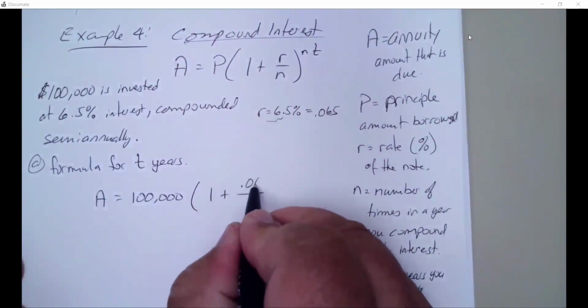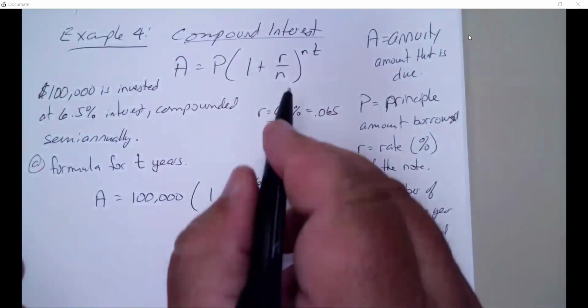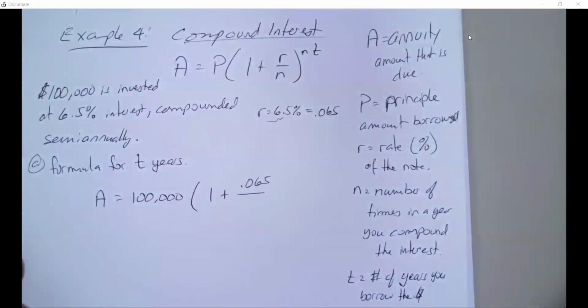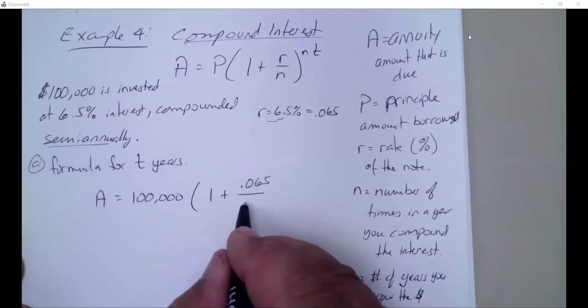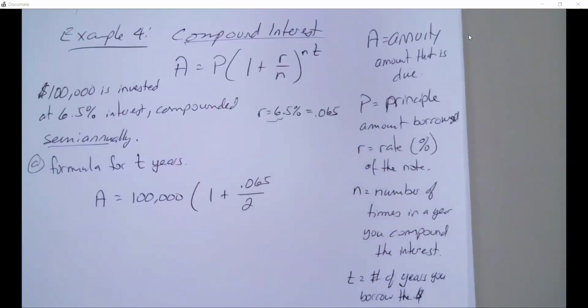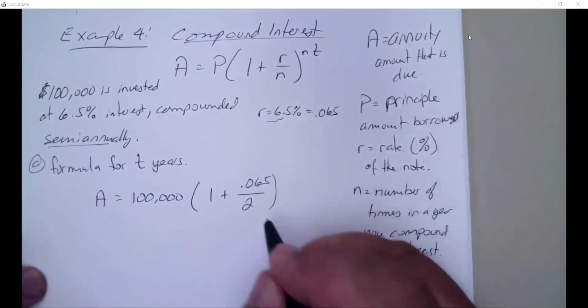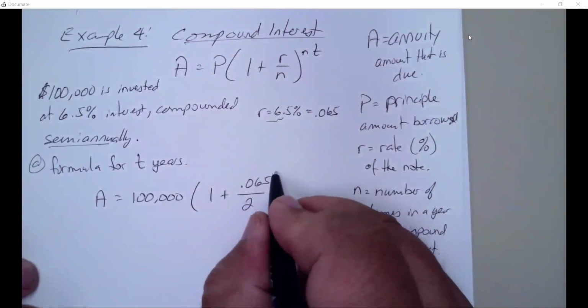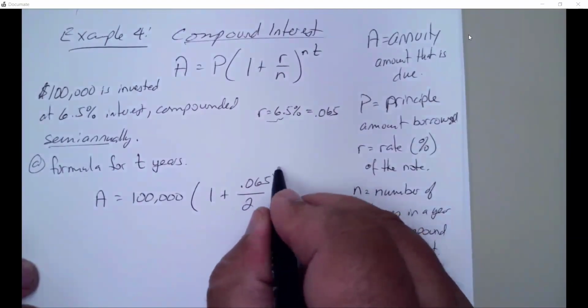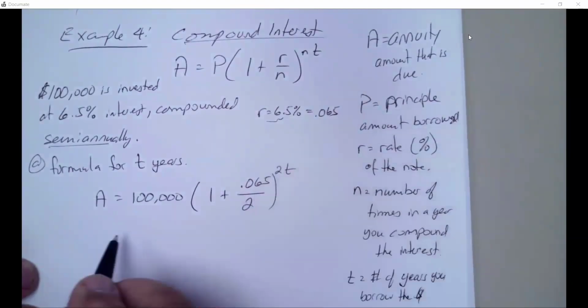So it's 0.065. N, how many times do I compound it? Semi-annually. That's twice a year. Semi means half. So N was 2 times T. So there's your formula.